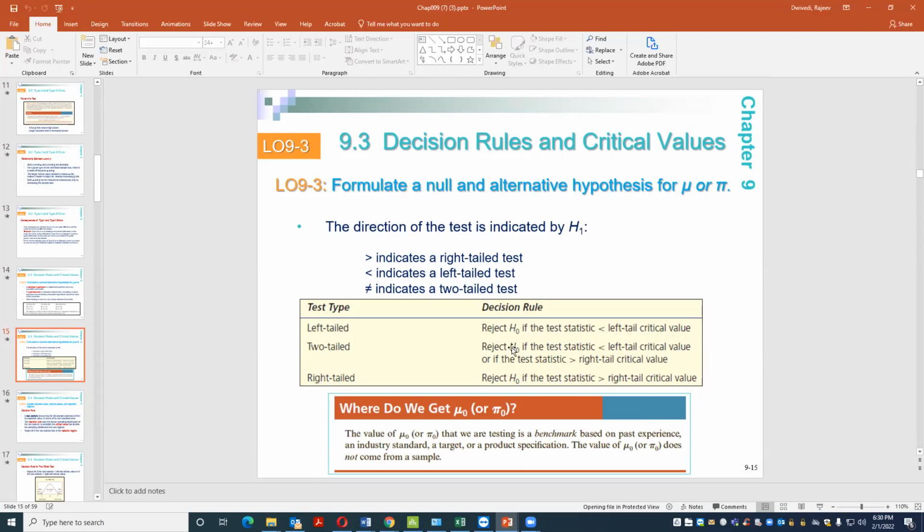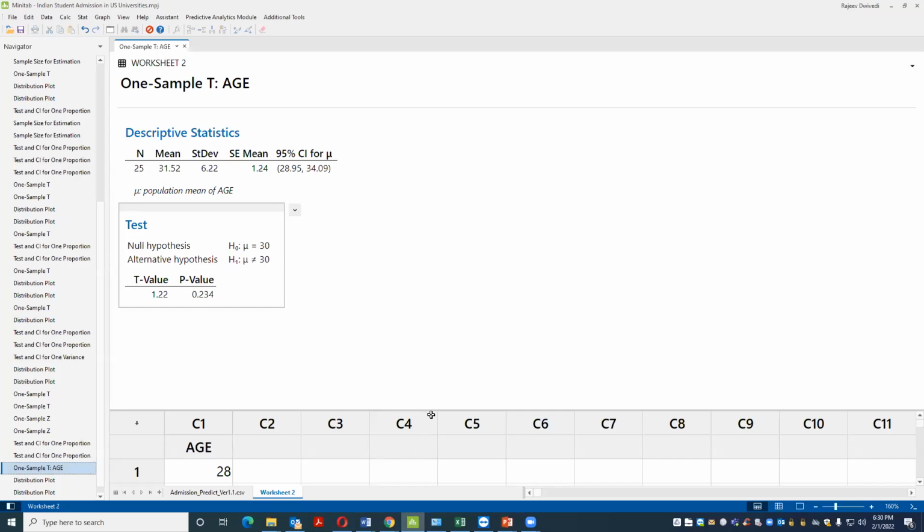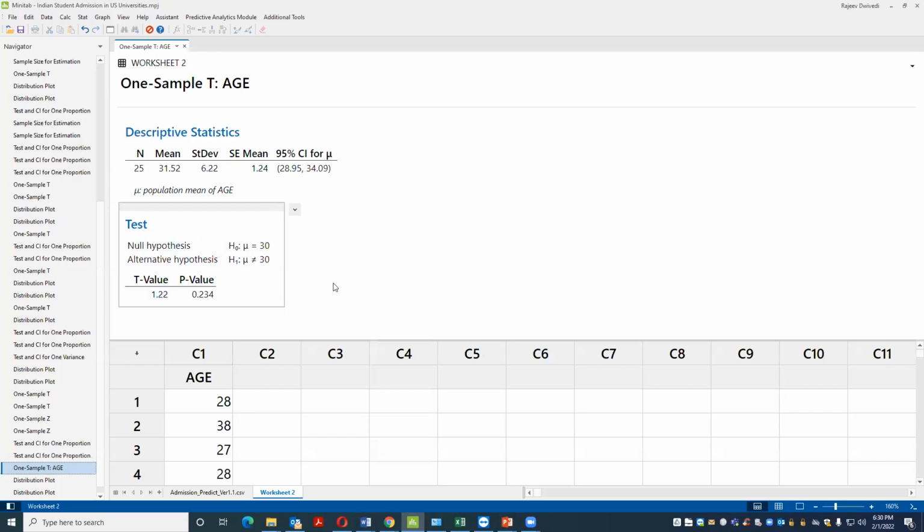Two tail test, half here and half there, right tail test on the other side. I'm taking the same example that we used, where we tested that the mean age of the students is 30 years.